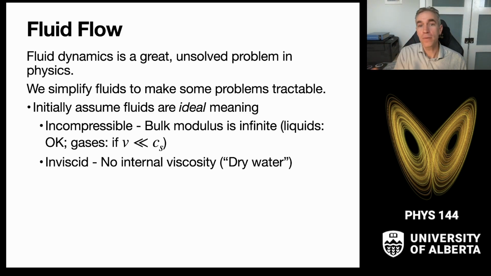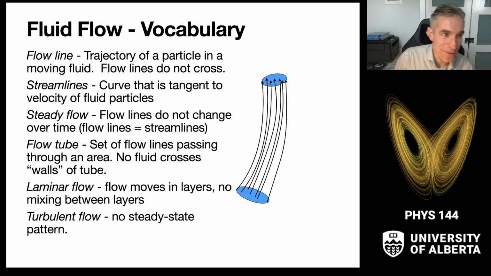Okay, so that's a preface of fluid flow here. Let's dive into some vocabulary. When we think about fluid flows, we're really going to be focusing on smooth, steady flows. And if you have that kind of fluid flow, you can think about the trajectories of the particles in a moving fluid in terms of a flow line.